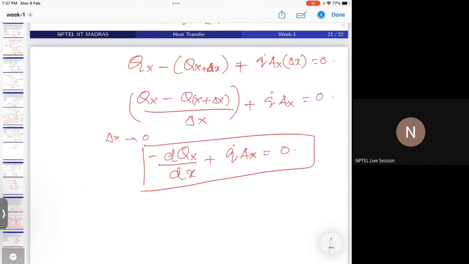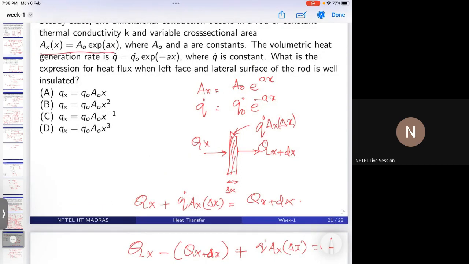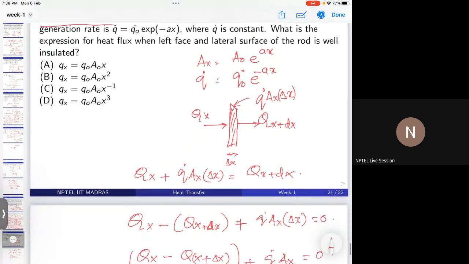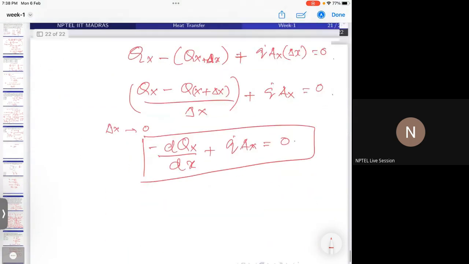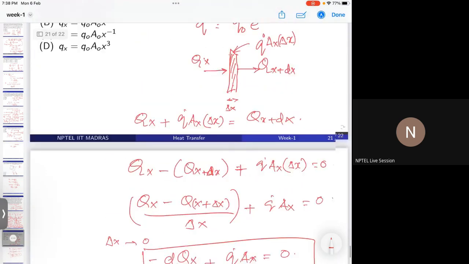Now I hope you can solve this question, right? I am giving it to you as homework. One of you solve, and the others can also try. This problem is straightforward. It's like putting into this equation and you will get the heat flux, or the heat transfer.